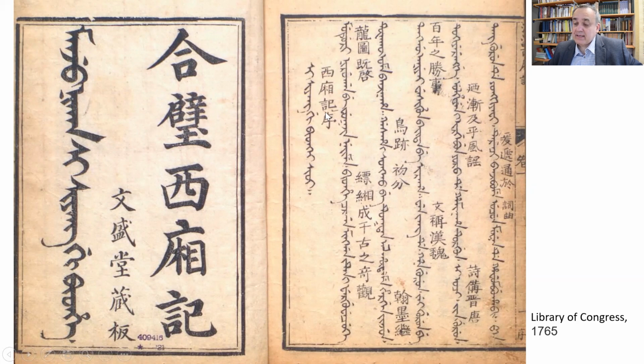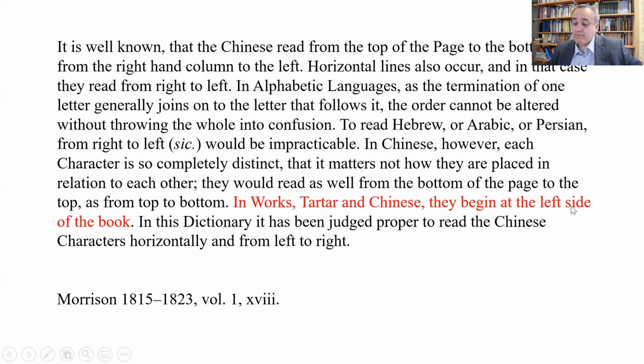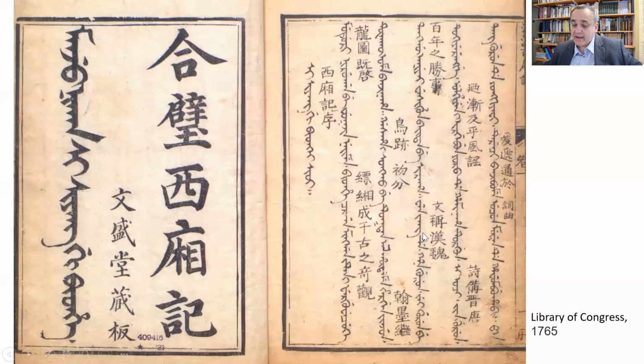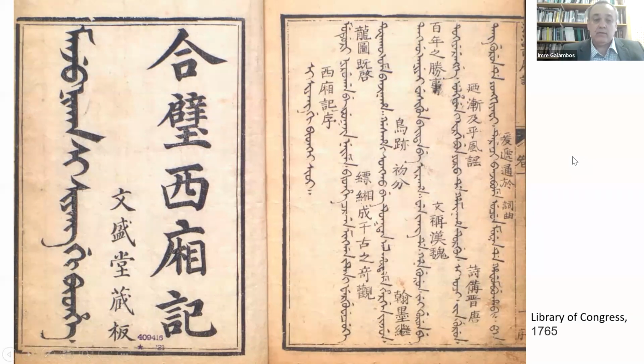And then the Chinese is placed on the side by the Manchu text. And so even though it's vertical, it goes from left to right. So when Morrison makes this claim, he's saying that there's a precedent for what I'm doing, because Chinese is already written from left to right in these Manchu works. So this is during the Qing dynasty, obviously, so this would be mostly the 18th century and then the 19th century.